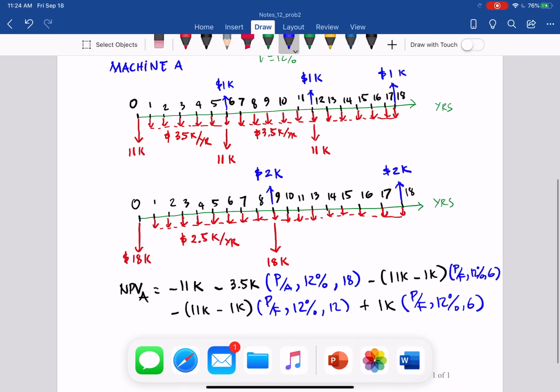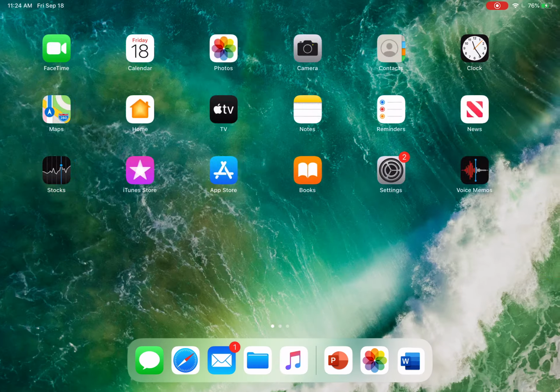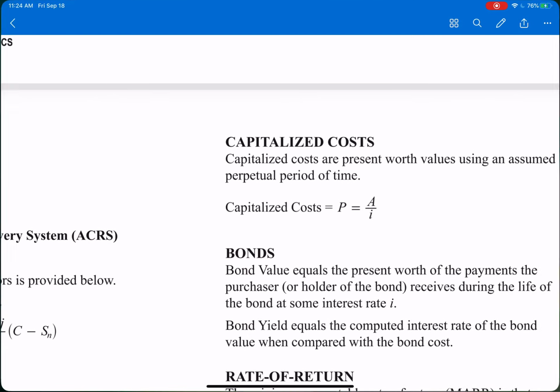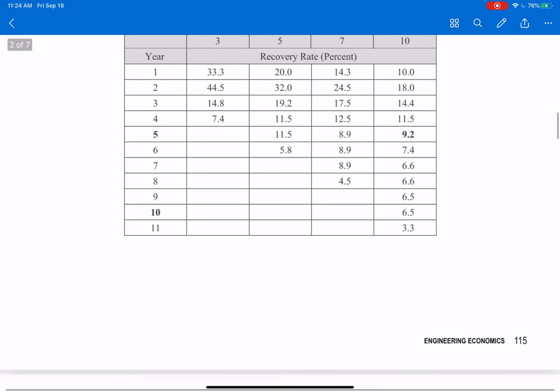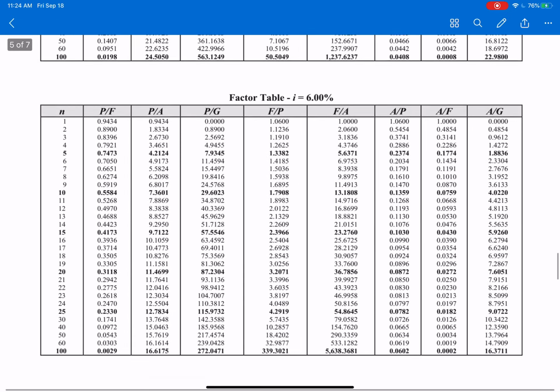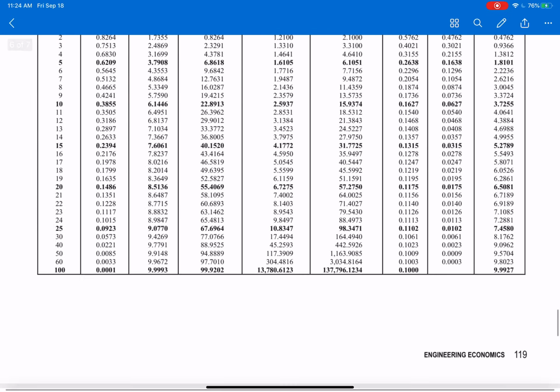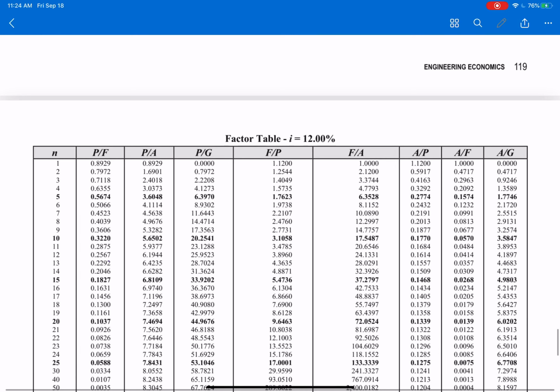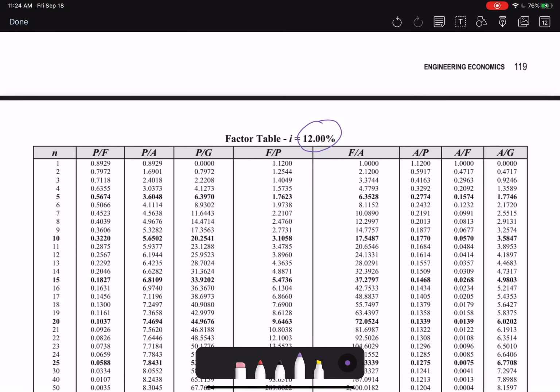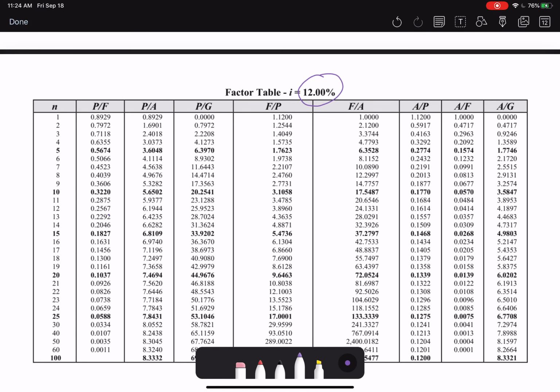So with that, we go to the reference here and look for the 12%. So you have P over A, 12%, 18 years, which is 7.2497.